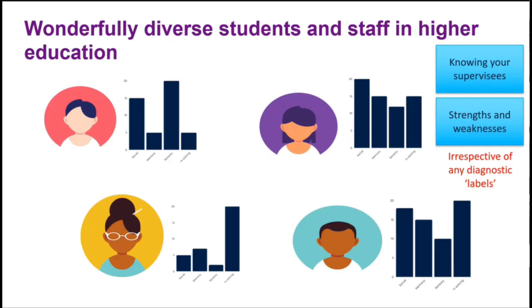When we're working on postgraduate research supervision, we're working very closely with a student, often in a small team, because we've got so much team supervision going on these days, with a small team of supervisors and a student, or even on a one-to-one basis between a supervisor and a student. So there's the ability to get to know that profile of strengths and weaknesses.